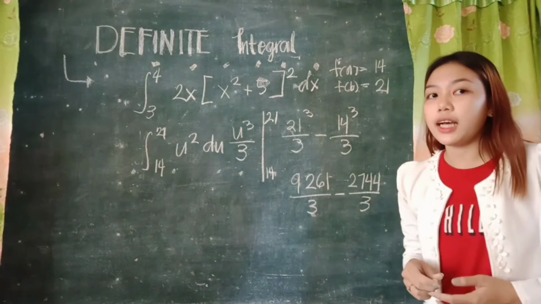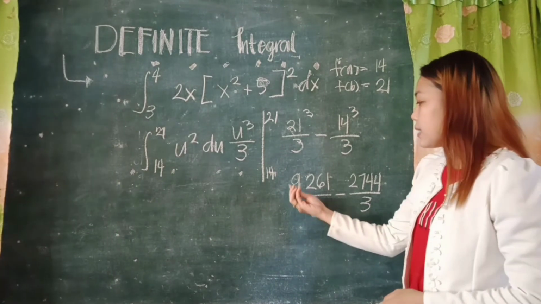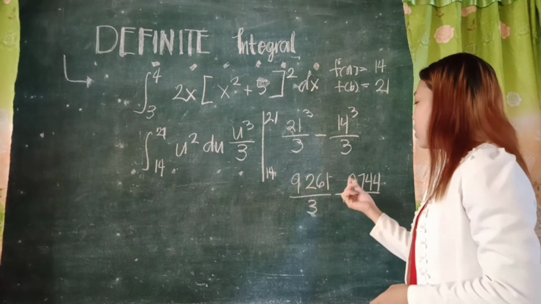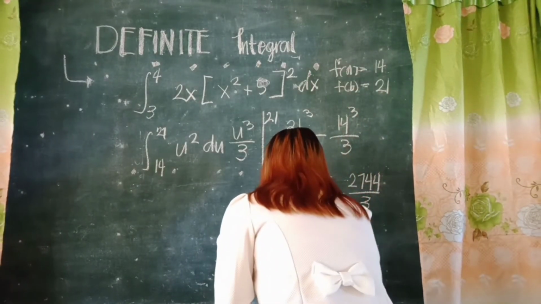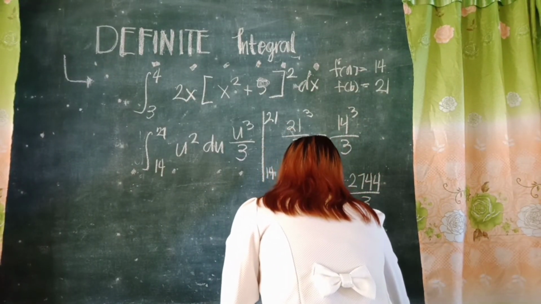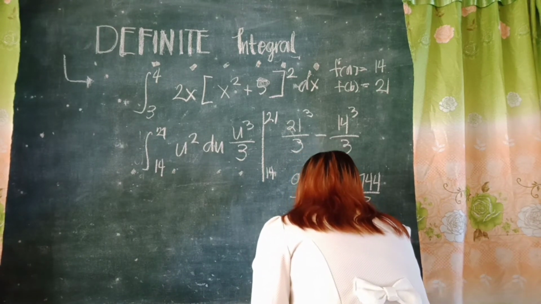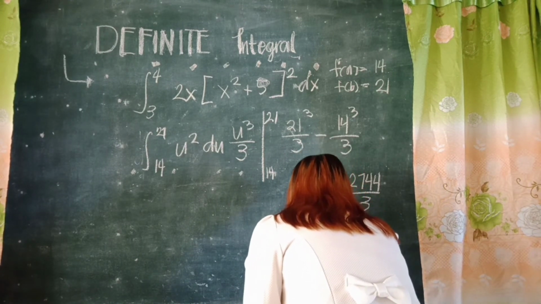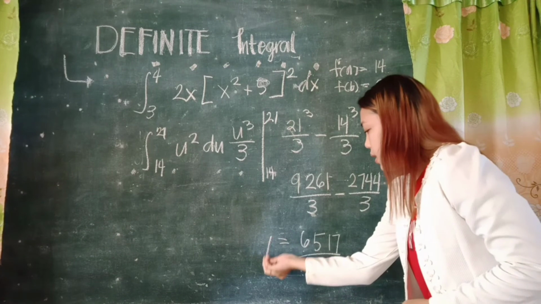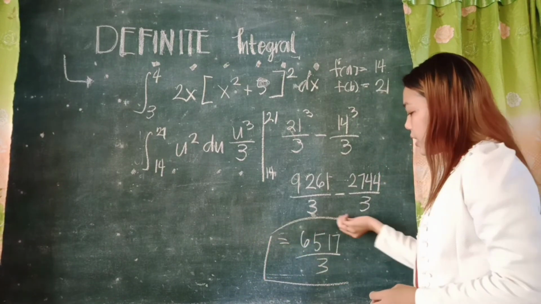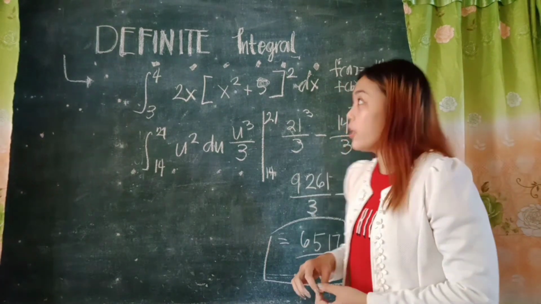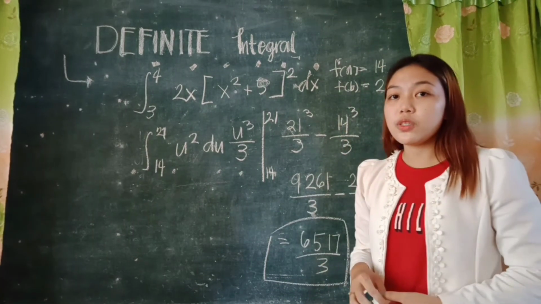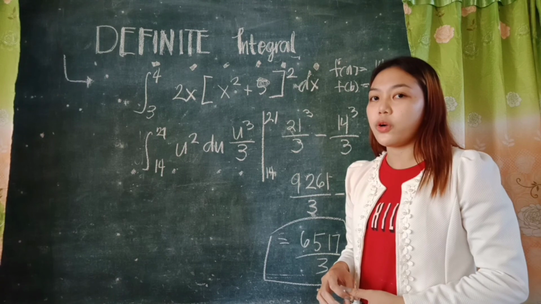To get the final answer, we subtract 2,744 from 9,261, and the answer is 6,517 over 3. So 6,517 over 3 is our final value for the definite integral using u substitution with a change of limits or interval.